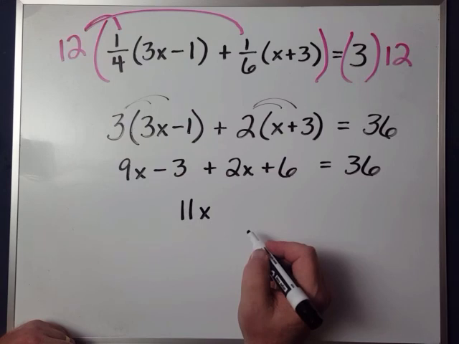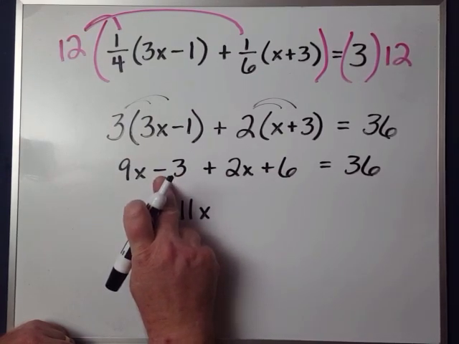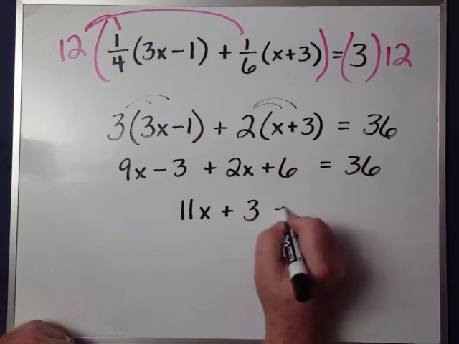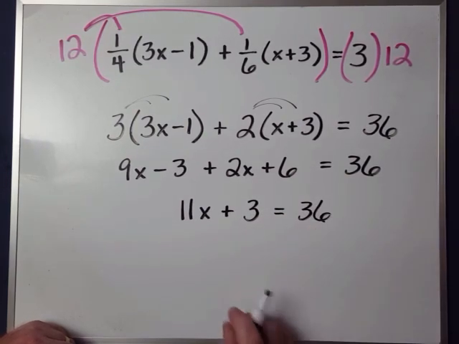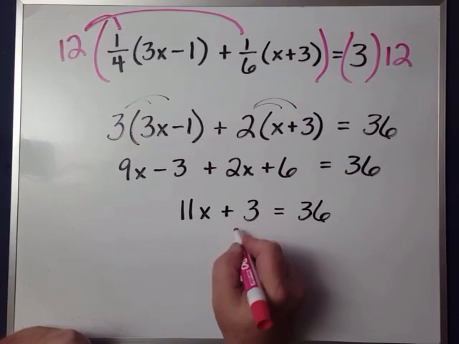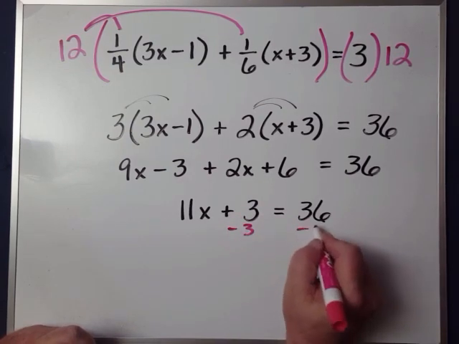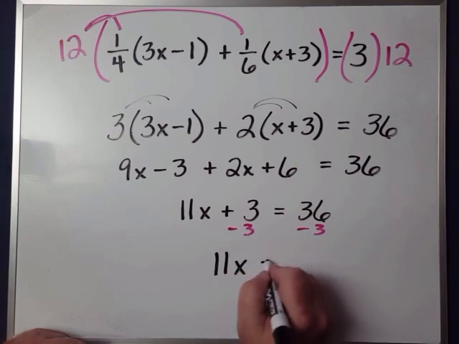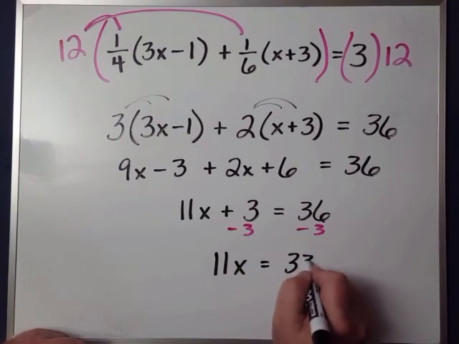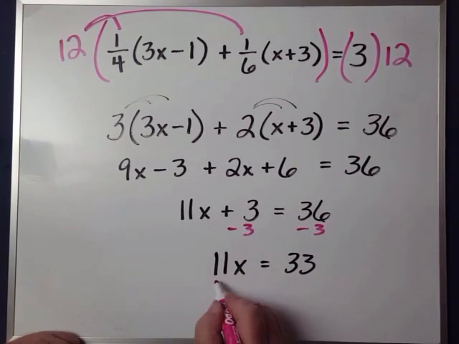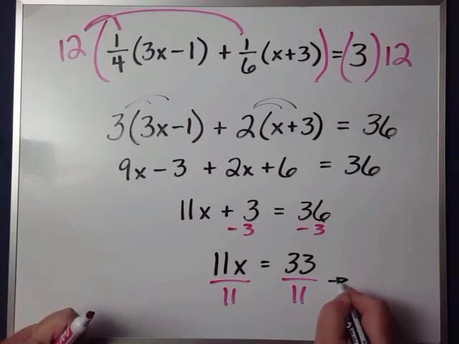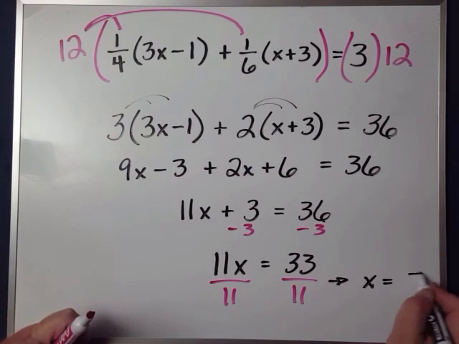Minus 3 plus 6, signs belong to their terms. Minus 3 plus 6 is plus 3. Subtract 3 from both sides. 11x equals 33. And divide both sides by 11 to find that x equals 3.